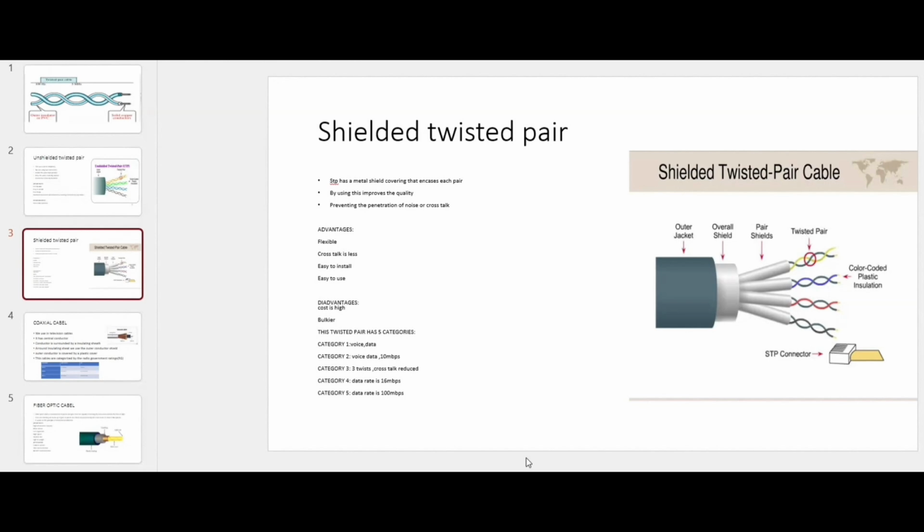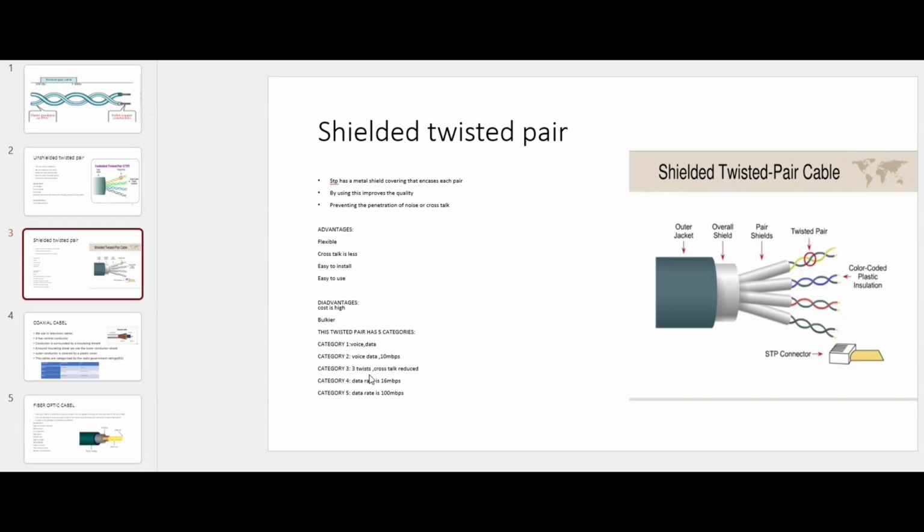This twisted pair has 5 categories. Category 1 we use to transmit data and voice, but only a small amount of data can be transmitted. That's why we do not use this cable for sending data. Category 2 can transmit voice and data, up to 10 Mbps.